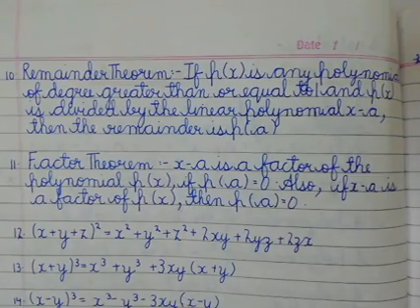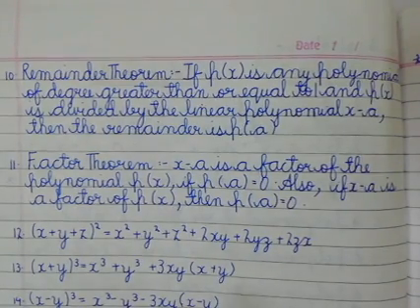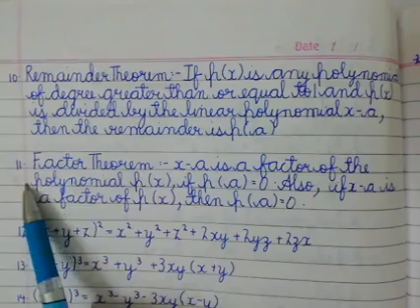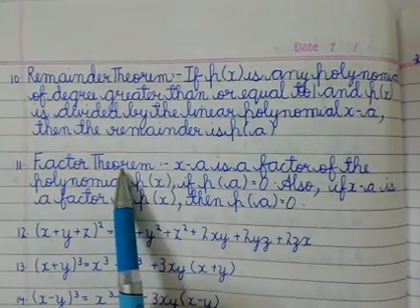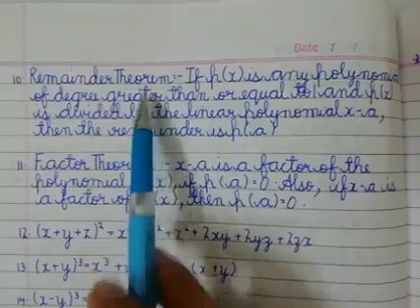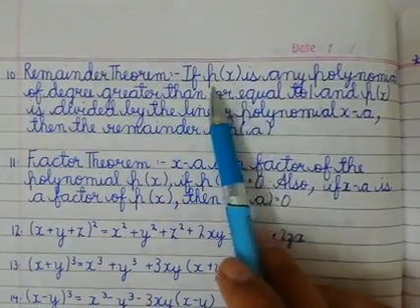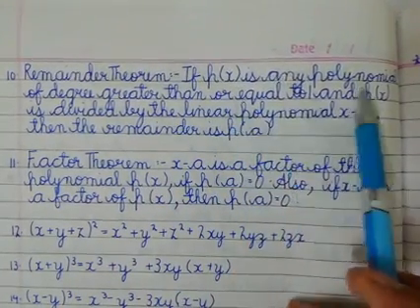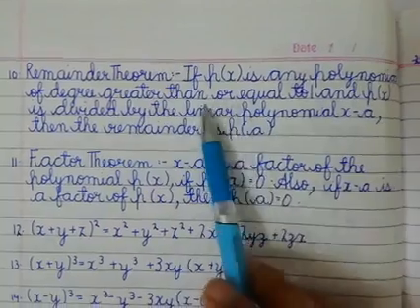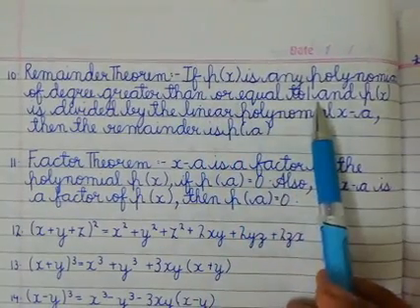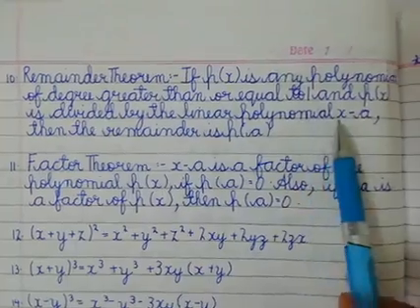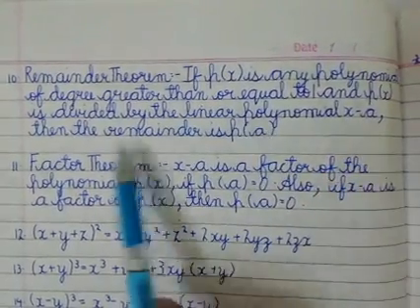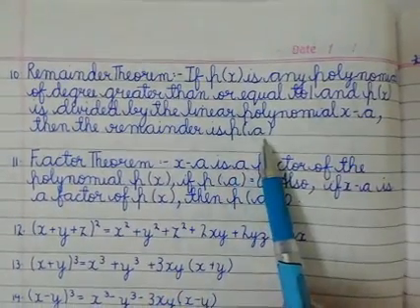Now to understand the next questions, we need to understand two theorems: one is the remainder theorem and the other is the factor theorem. What is the remainder theorem? If p(x), a polynomial in x, is any polynomial of degree greater than or equal to 1 and p(x) is divided by the linear polynomial x minus a, then the remainder is p(a).